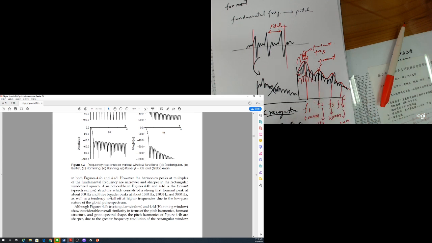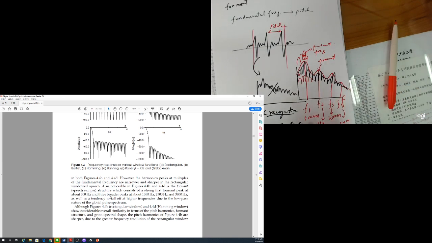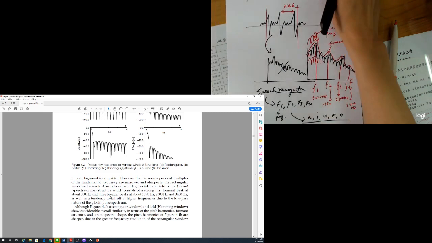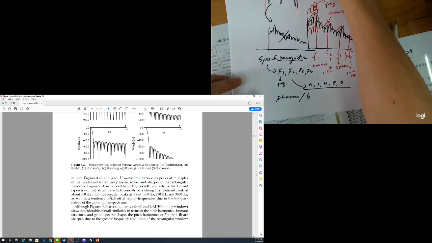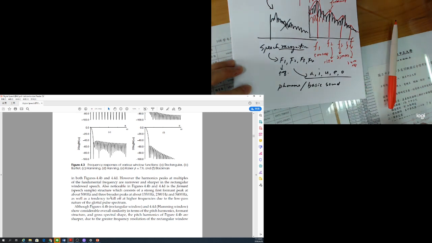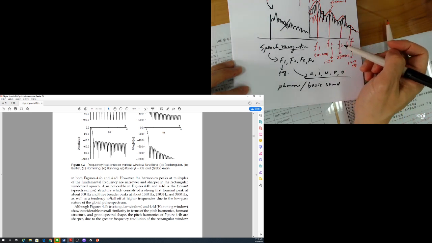We try to recognize your phoneme, your basic sound. So we have to know what's your formant 1, formant 2, formant 3, formant 4.